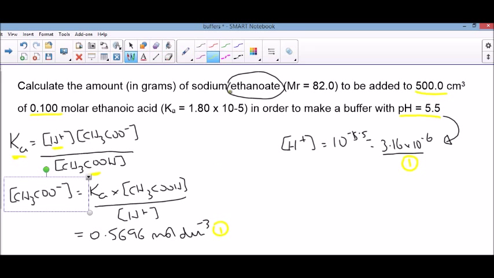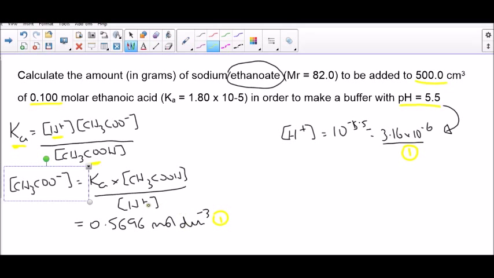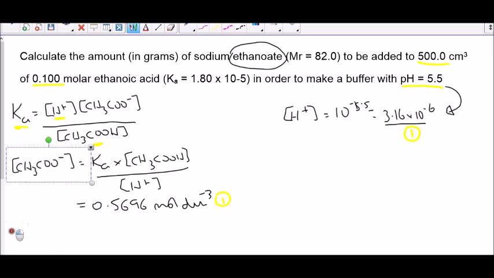However, it's asking us for the mass in grams that we're going to dissolve. So if we were going to make up 1 decimetre cubed of sodium ethanoate solution, we would dissolve 0.5696 moles. But we're not, so we're making up 500 centimetres cubed, so we're making up half a decimetre cubed. So the next thing we're going to do is halve that number. Okay, so just be clear on that again.